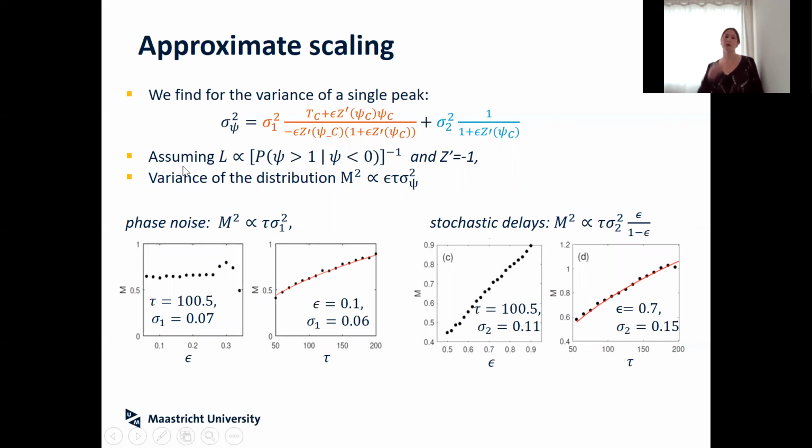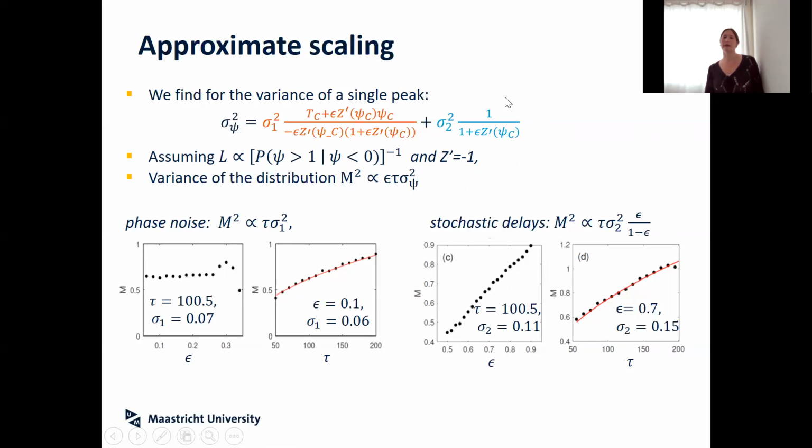Now, from the lifetimes, assuming detailed balance, you can go to the variance of the overall distribution, which then scales with epsilon times tau times the variance of a single peak. For phase noise, epsilon at low coupling simply cancels, and we have a scaling of the variance with the square root of the delay time, and no more scaling with the coupling strength.